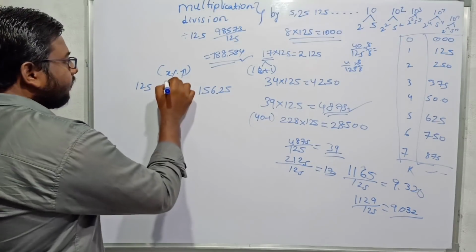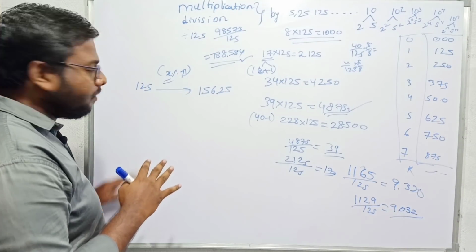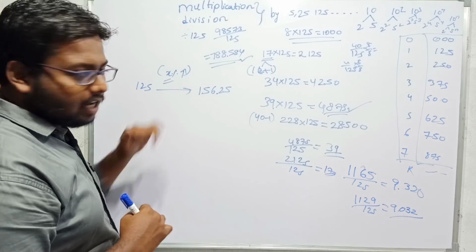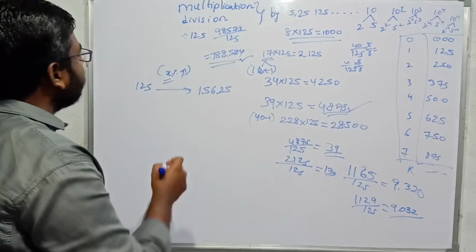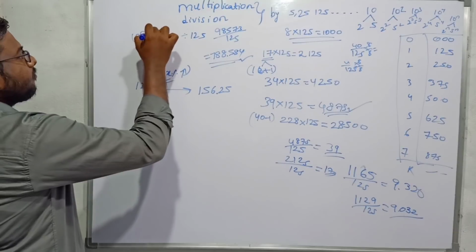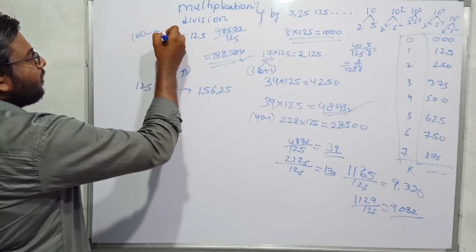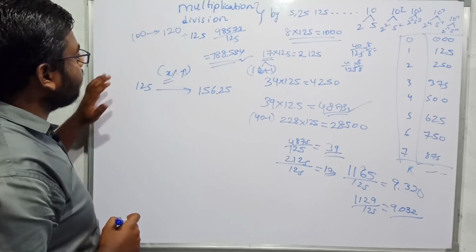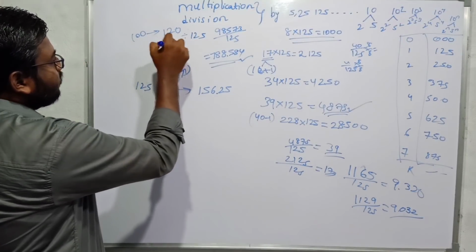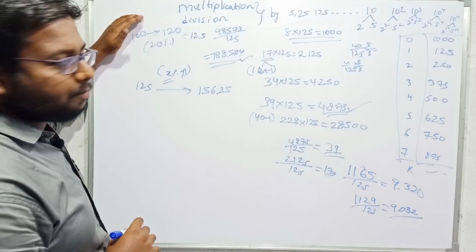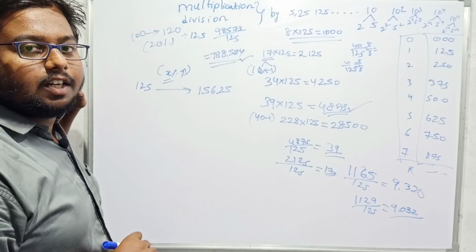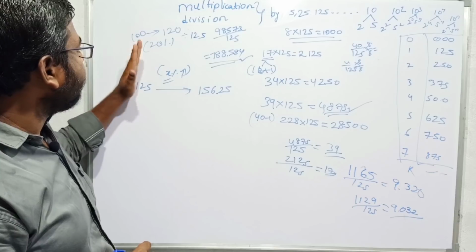Then what is the value of X, they will ask. Then this number is increased by how much percent, they will ask like this. For example, if 100 becomes 120, then it is increased by 20%. We can say easily like this. If 100 becomes 156, then it is increased by 156%. We can say that very easily.